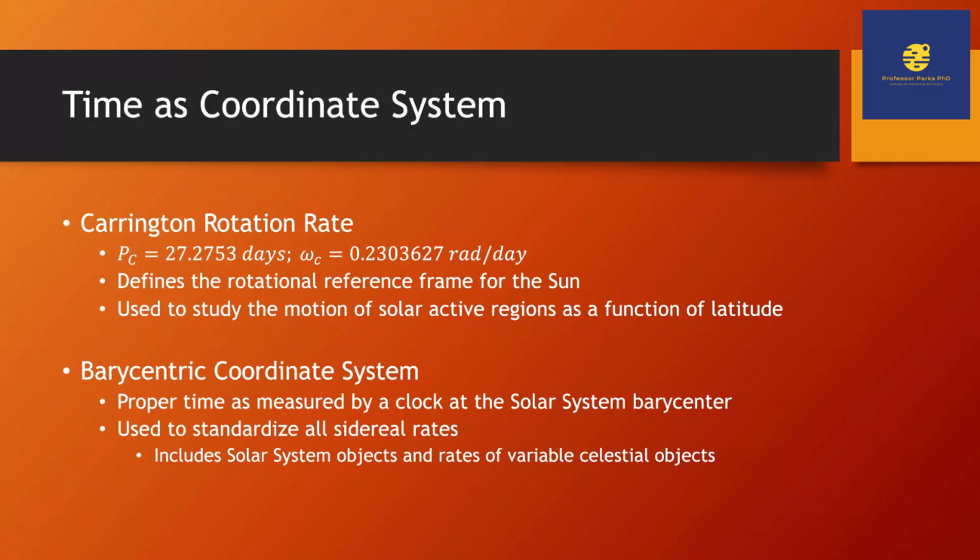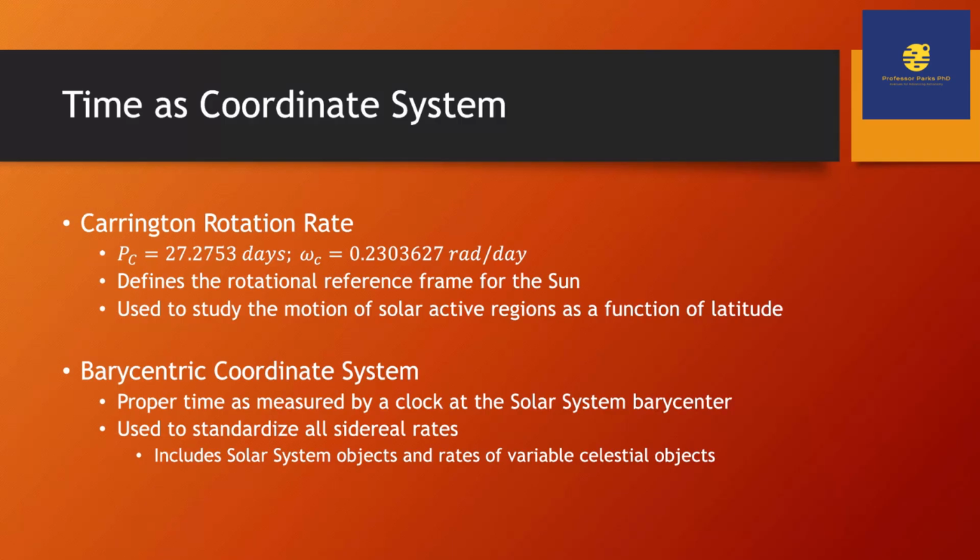Now, time as a coordinate system. We can also use time as a way of defining a certain reference frame. So let's take the sun, for example. The sun is not what we call a solid body rotator. It does not rotate with the same angular velocity at all places on its surface like the Earth does.